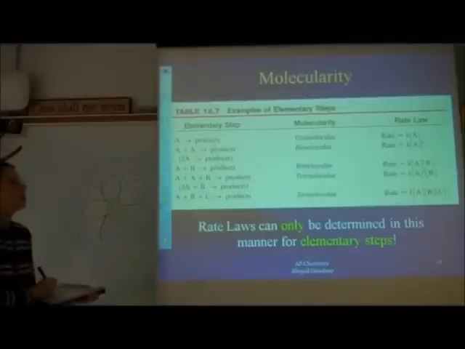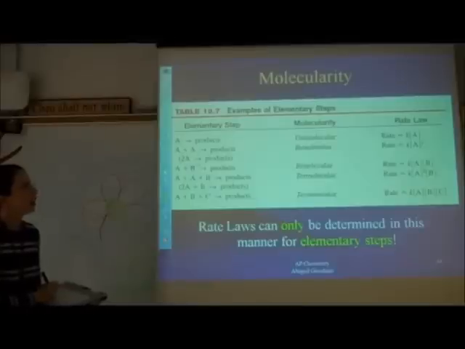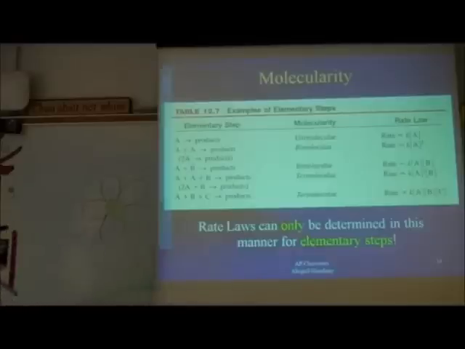Okay. I want you to look at this second one that's down here in this parentheses. This elementary step has only one reactant, but it's got a coefficient of a 2 in front of it. Okay? That is not a unimolecular elementary step. Because there are 2 moles of this reactant, we would call it a bimolecular elementary step.